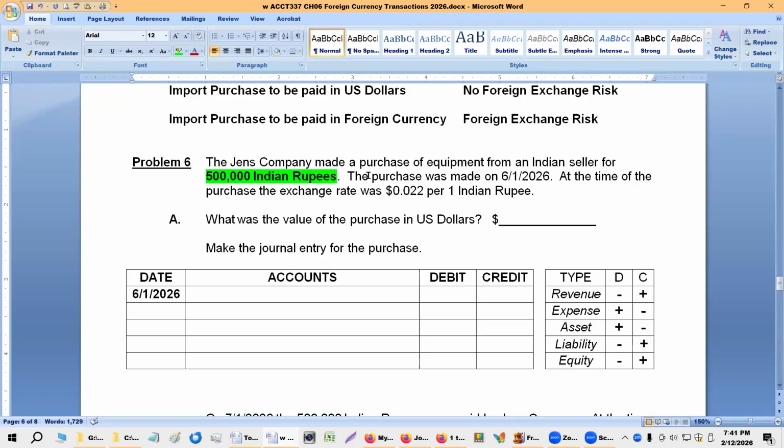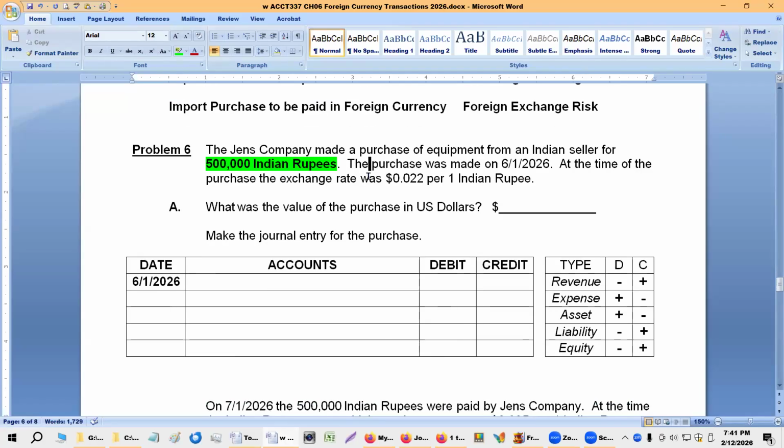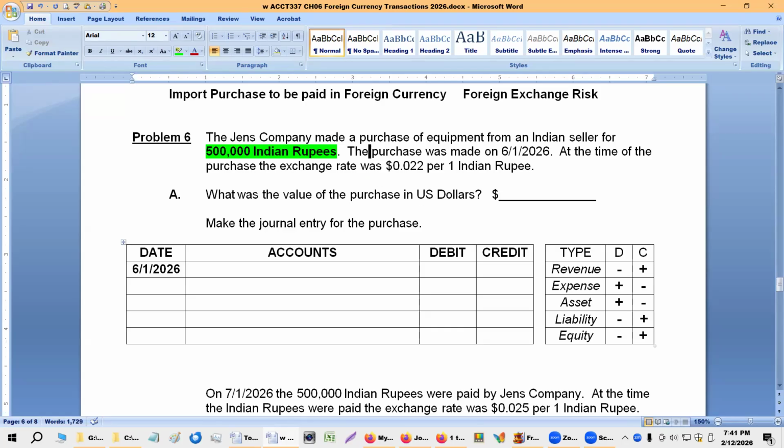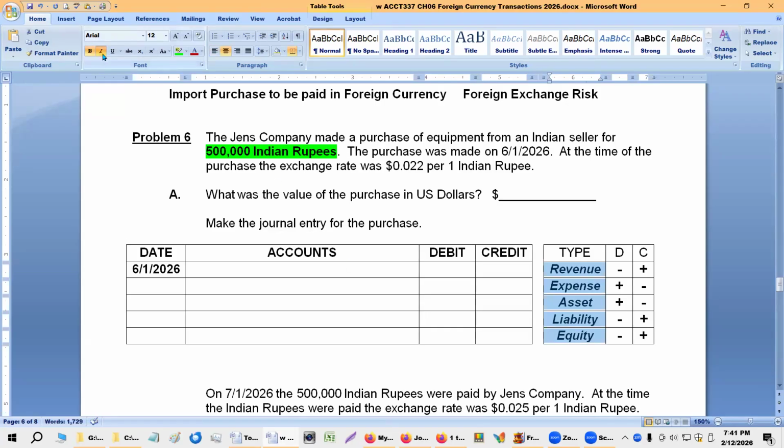So the purchase of equipment. Okay, so we bought some equipment. What kind of an account is equipment? Asset. Yeah, equipment's an asset, and if we're buying it, is it going up or down? We have more equipment or less?